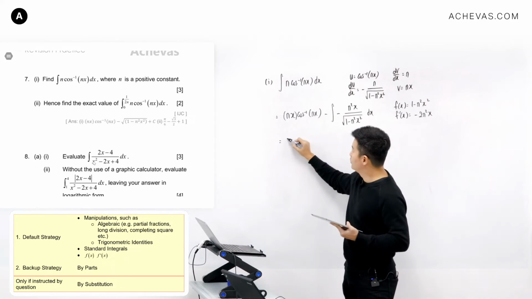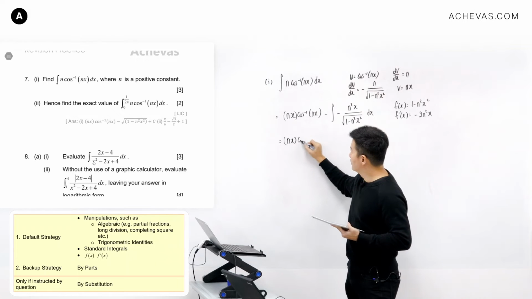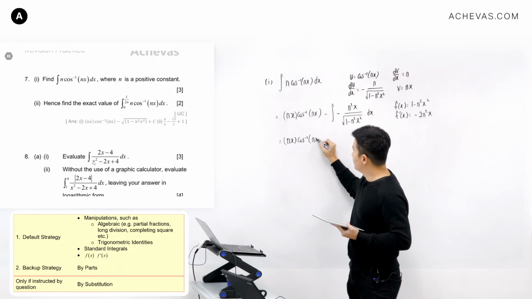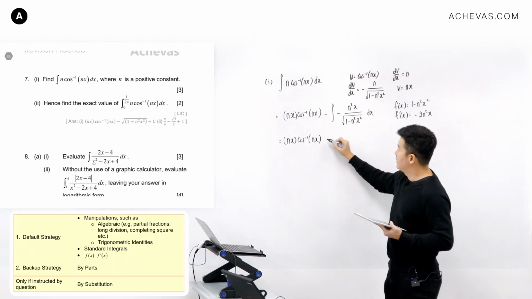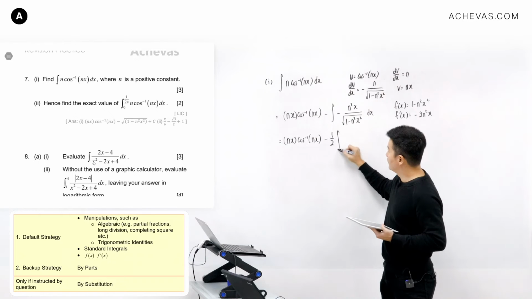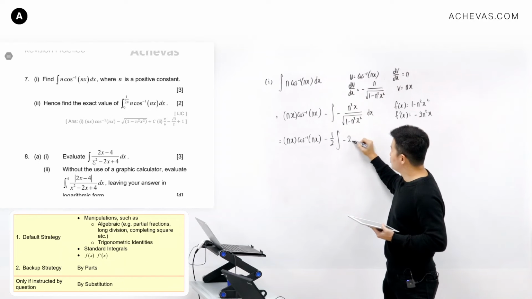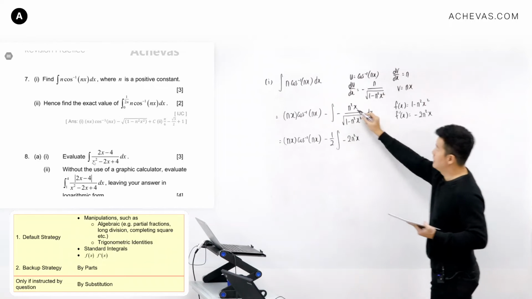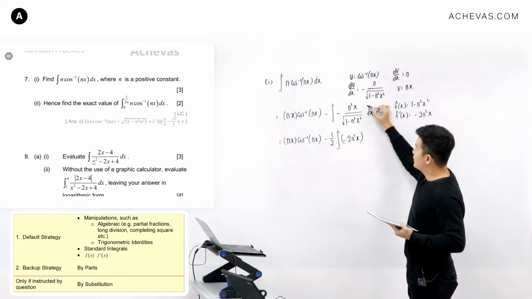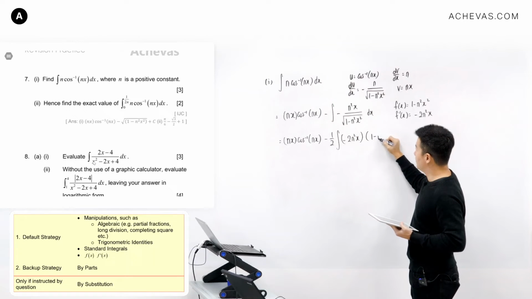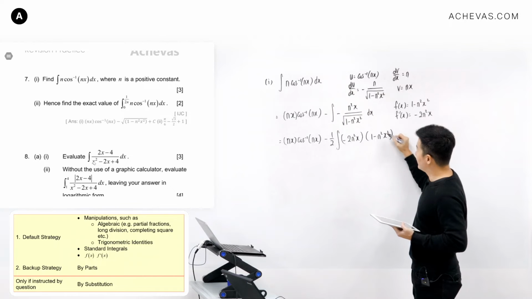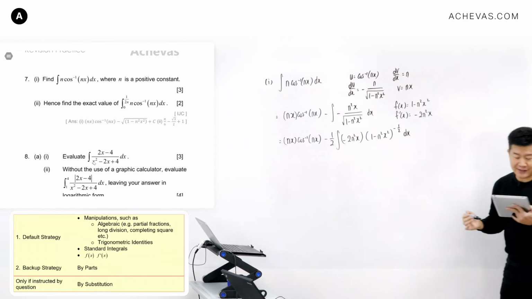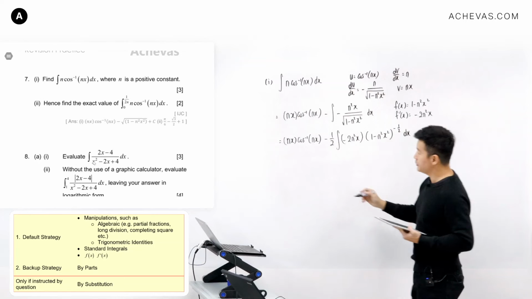This is equal to nx cosine inverse of nx minus away half, so that I can create a 2n squared x in the numerator. For the denominator, shifting up to the numerator by making use of indices, I can re-express this as this. And now we have an f(x), f'(x) form.